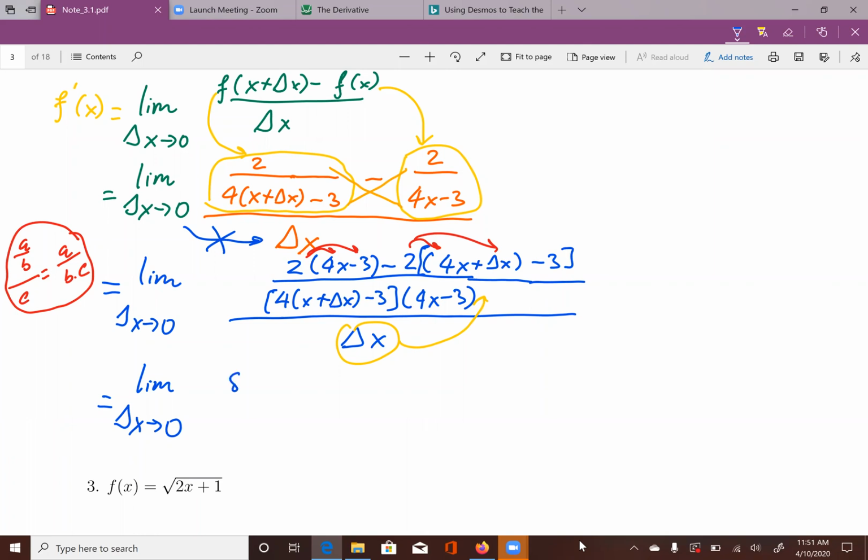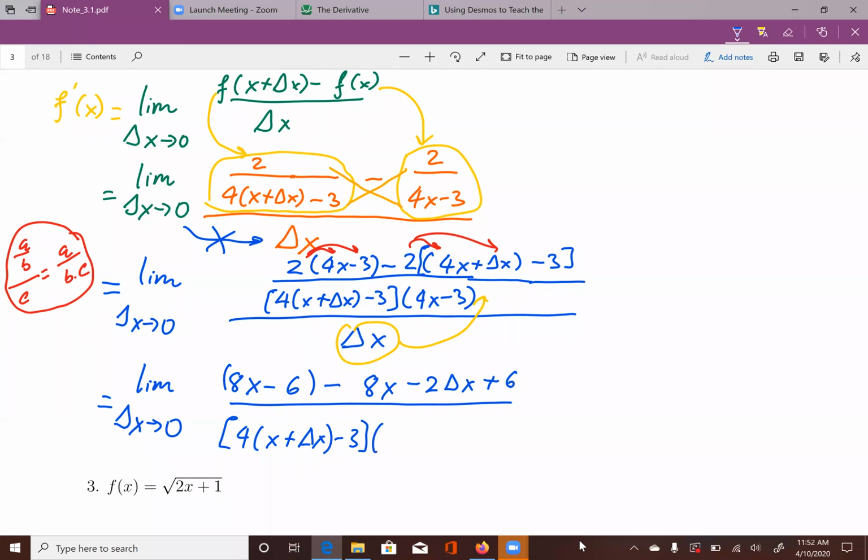I have 8x minus 6, minus, I put in parentheses just to make sure, 2 times 4x, which is 8x, minus 2 times delta x, which is negative 2 delta x, minus 2 times negative 3 is plus 6, divided by, I keep the denominator the same, and I bring the delta x up here.